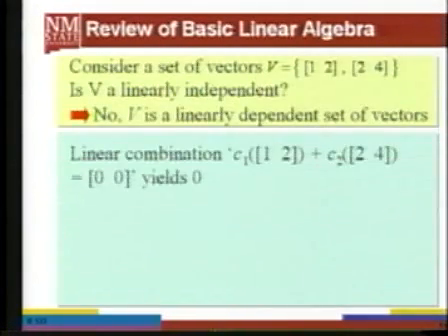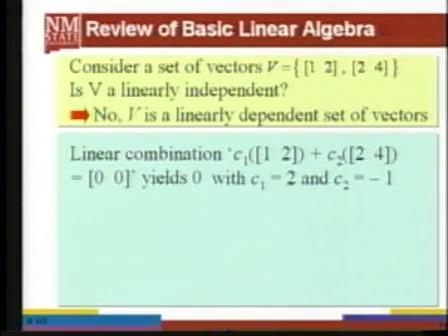With 0 for the values of C1 and C2, this linear equation can be satisfied, right? However, also with non-zero values for C1 and C2, this linear combination can yield 0. So V is a linearly dependent set of vectors.